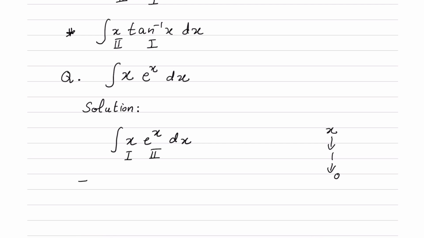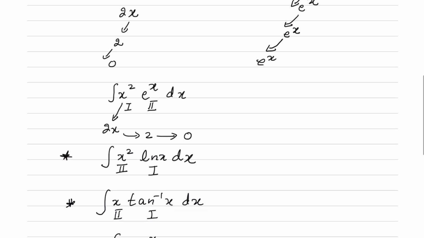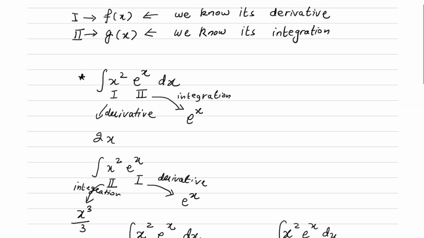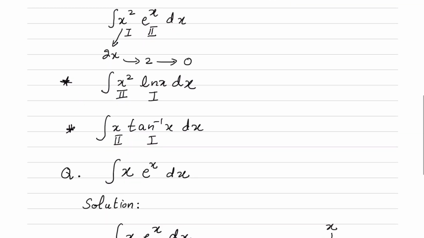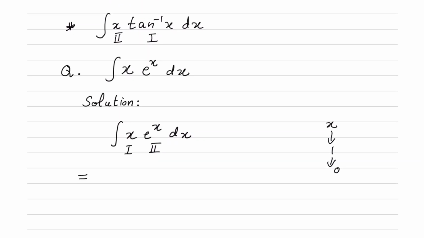Now by using the formula for integration by parts, we are going to solve this integral. Integral of x e power x dx is equal to the first function as it is, times the integral of the second function, which is e power x, so we integrate e power x with respect to x, minus the big integral with respect to x.